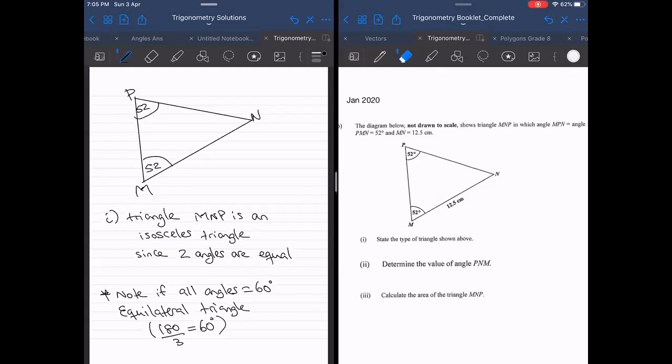So what's the missing angle? Part 2 says, what is angle P and M?